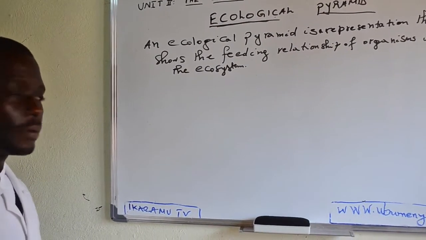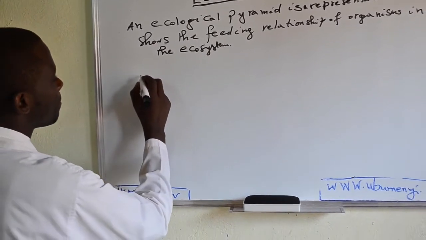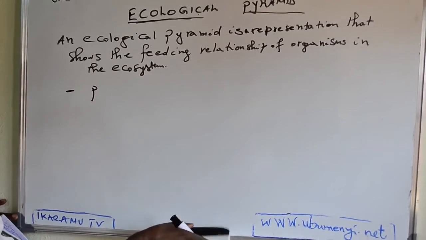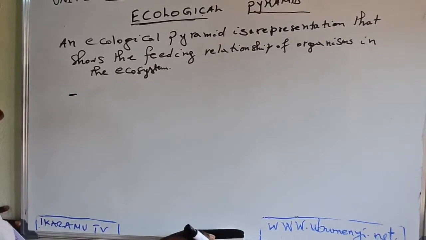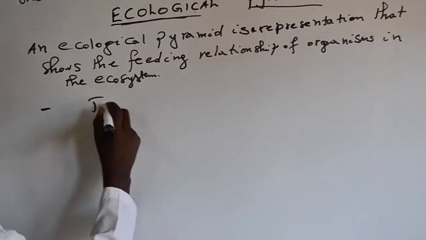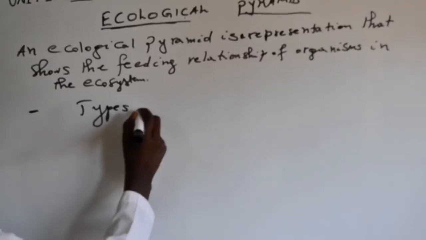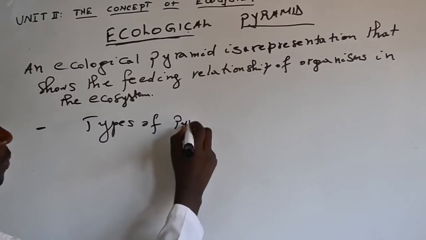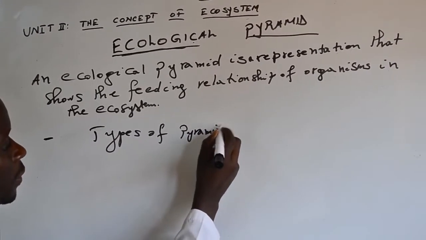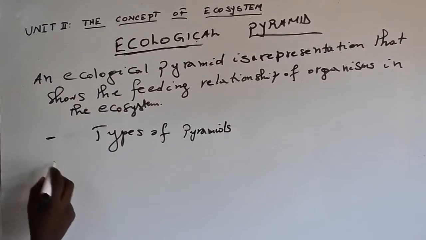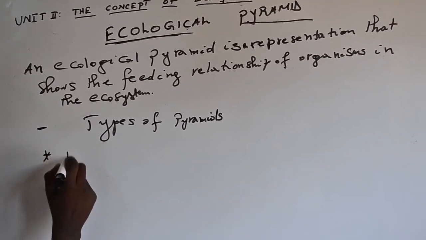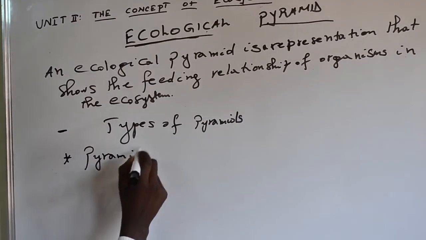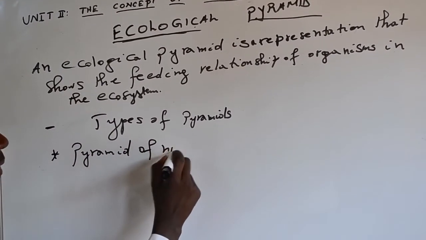Let's say categories of pyramids, or types of pyramids. Ecologically, we have the pyramid of numbers.